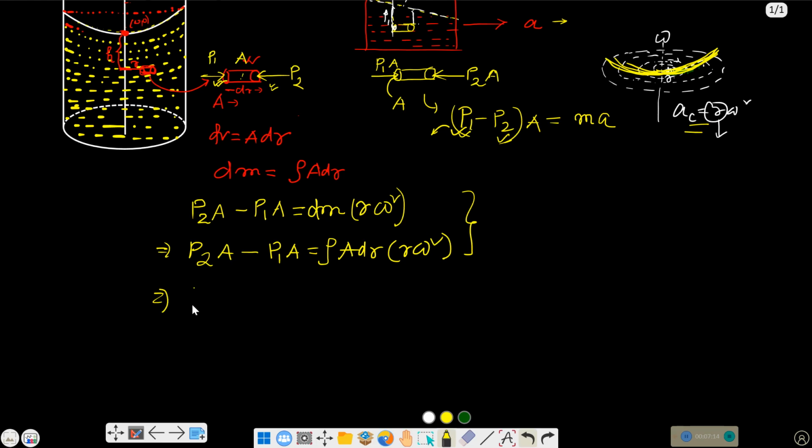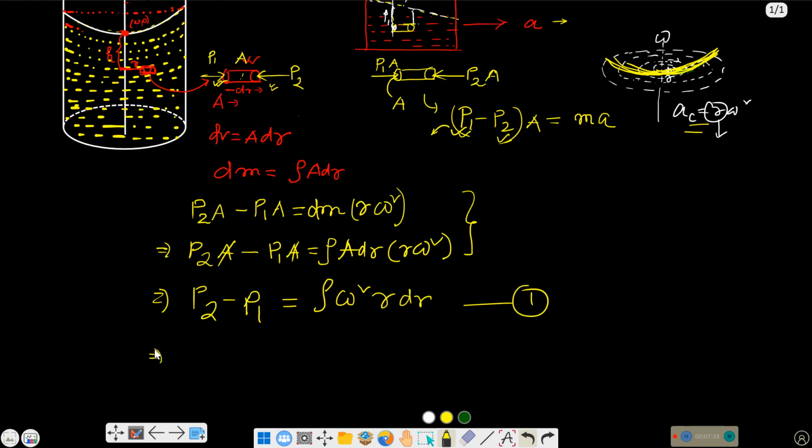We can cancel out A, and we are left with P2 minus P1 equal to rho omega square r dr, since omega is constant. This is our equation for the pressure difference of this particular element.